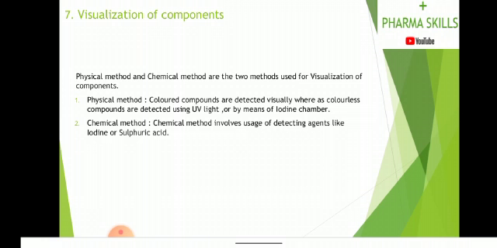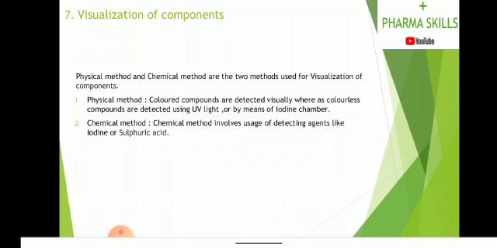There are two methods used for visualization: the physical method and the chemical method. In the physical method, colored compounds are detected visually, whereas colorless compounds are detected using UV light or by means of iodine.